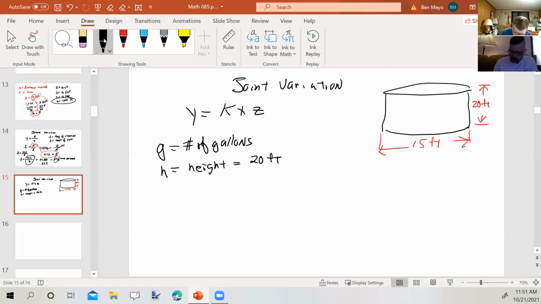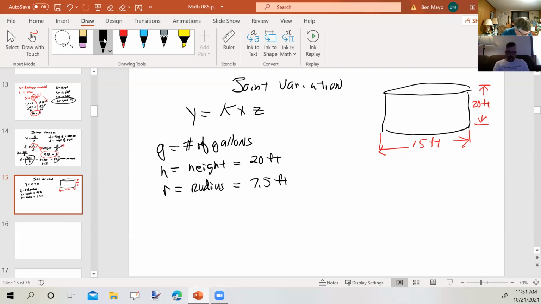And the square of the radius, R is going to be the radius. Now, the 15 feet in the drawing is not the radius, it's the diameter, right? The radius is half the diameter, so that would be 7.5 feet. We okay with where I got that? Mm-hmm. All right.